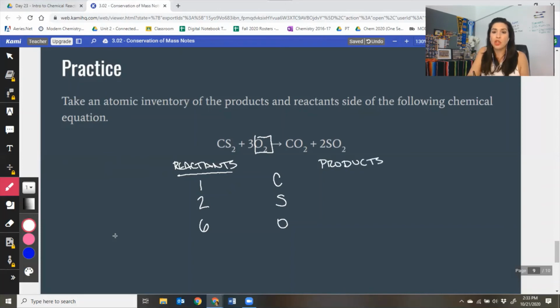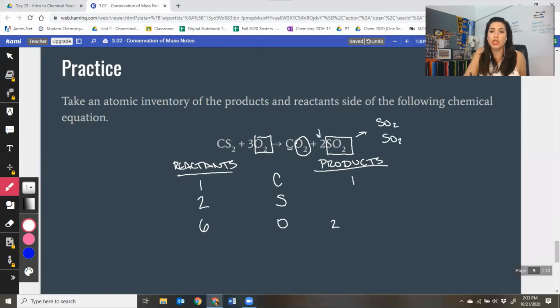And I expect to find the same number of atoms on the product side. But let's double check. All right, starting from the left and just working right. I have 1 carbon. I don't see it anywhere else. I have 2 oxygen here. So I'm just going to put that 2 there and keep going. And then over here, I've got the coefficient of 2 surrounding that SO2 compound. So what that really means is I have SO2 and SO2 again.